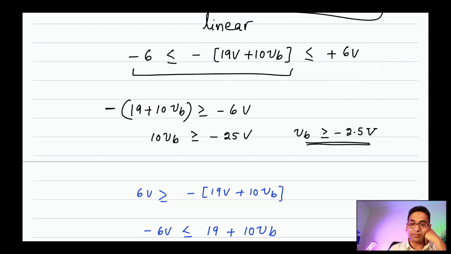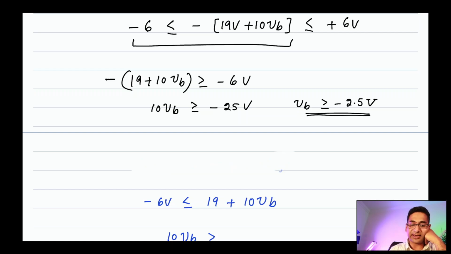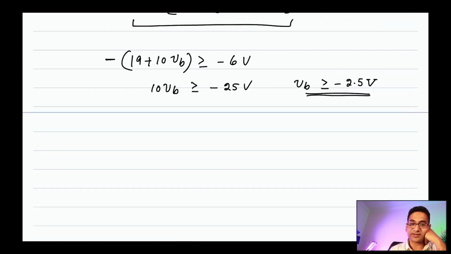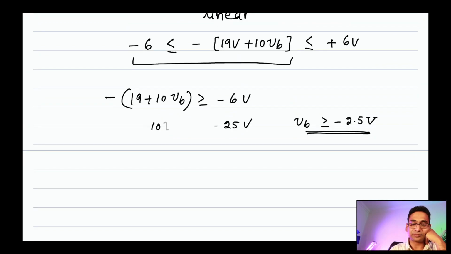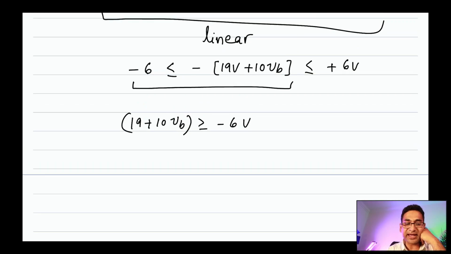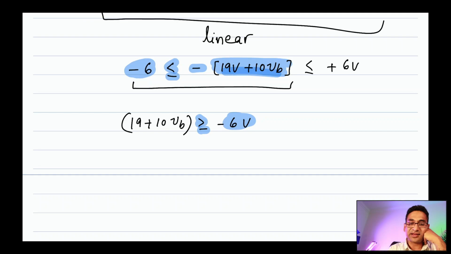Okay, so before I go on to the next problem, I see what the issue was. I forgot a negative term in there. Negative 6 volts. So when you are talking about this inequality, negative 6 should be less than or equals to, that's exactly what I have here, negative 19 volts plus 10 VB. I should have incorporated a negative sign in there.